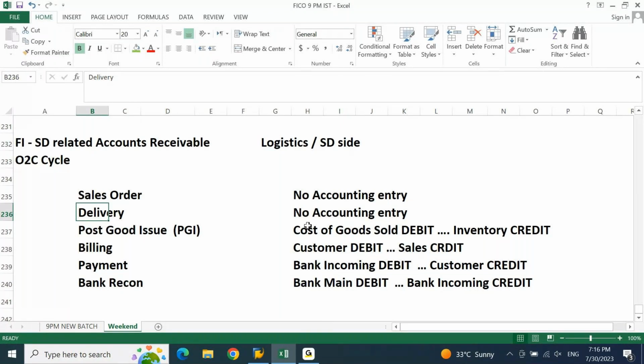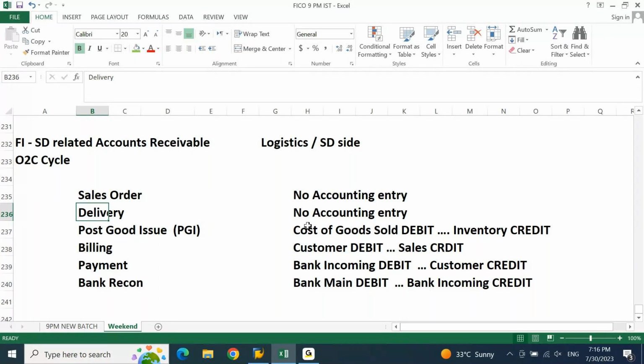Sales order is given to the stores person, because the person who is supposed to deliver the product should know where to deliver, right? Let's say I am the person who is receiving the orders from the customer, but I am only responsible for receiving the orders and recording them in the system.